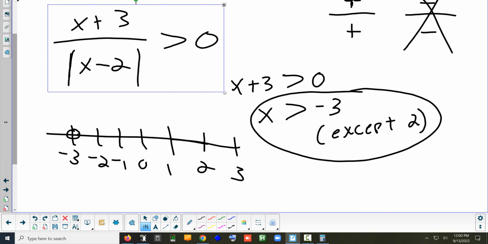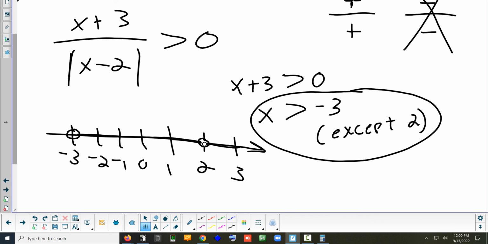Anything greater than negative 3 except 2. So I put a hole at 2, so I don't include it. Any questions on that?